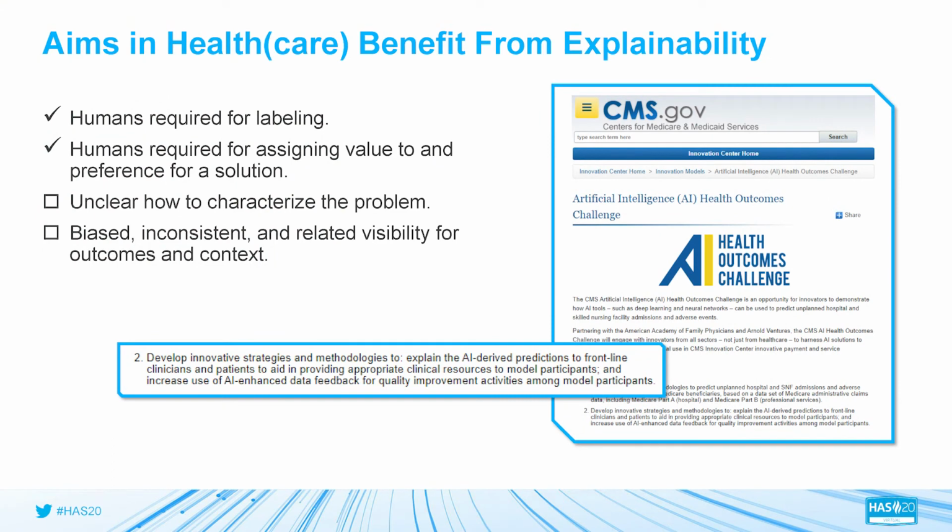Even CMS has started to realize how important it is to ensure that we can explain the complex predictive models that we may be able to build. And once again, here, there's a reason why. The reason is because disproportionately in health and healthcare, the output of the machine does not directly determine the outcome or even the action that we take. There's typically a human being in the loop.